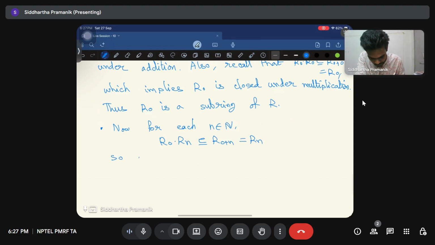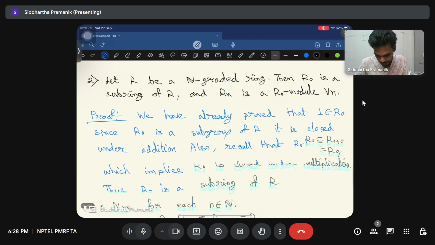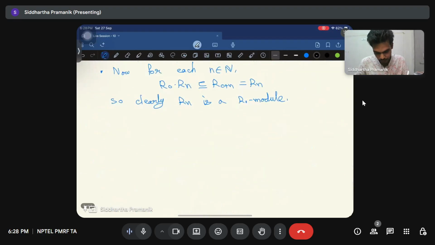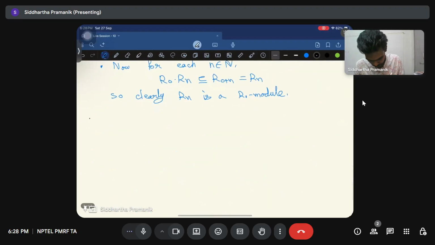So clearly Rn is an R naught module. Okay, this is very simple. So let's move on to the next problem.